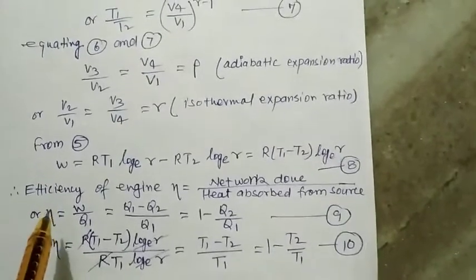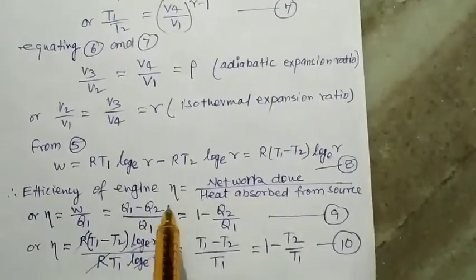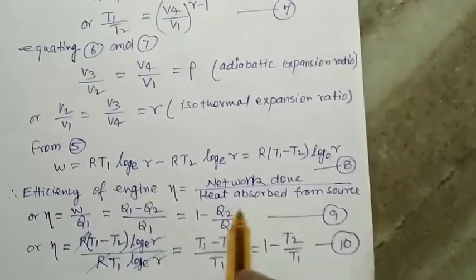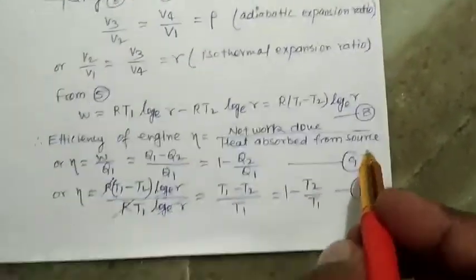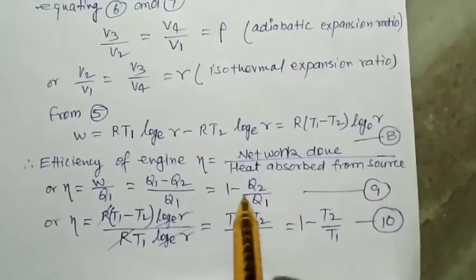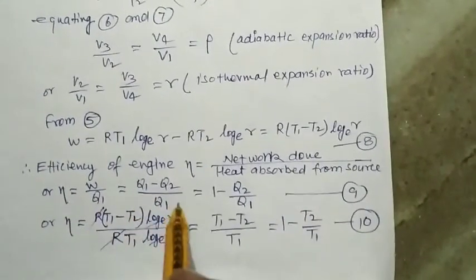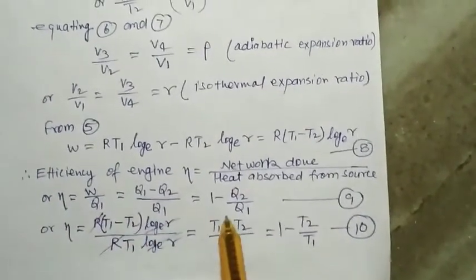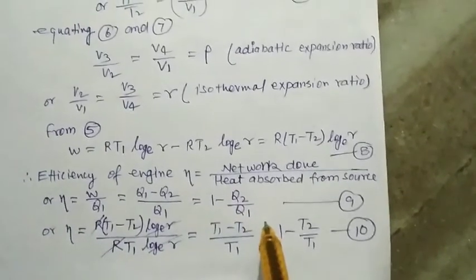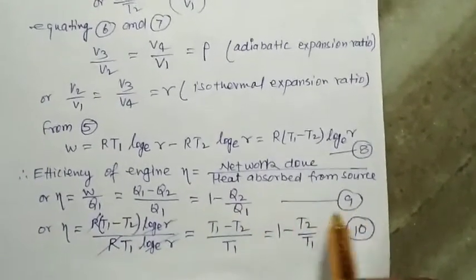So the efficiency eta is equal to net work done upon heat absorbed from the source. So taking the values, eta is equal to W upon Q1 is equal to (Q1 minus Q2) upon Q1 is equal to 1 minus Q2 upon Q1. This is a very important relation, equation number 9.